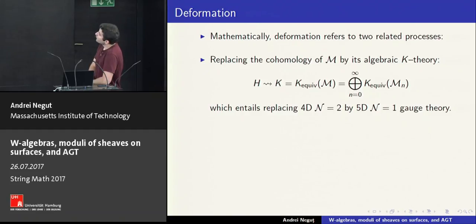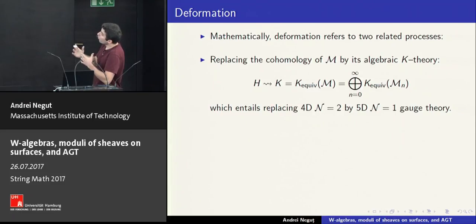But you should think of this as being the equivariant algebraic K-theory of the moduli space M. And the thing which I'm writing on the right-hand side of the equation is just a statement of the fact that a moduli space of instantons is a disjoint union of connected components, and these connected components are indexed by the instanton number. The instanton number is what I call n.